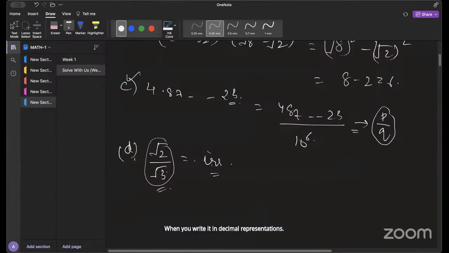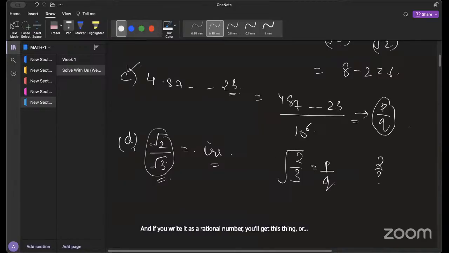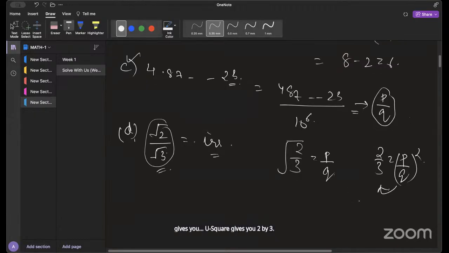Or in other words, you can try it this way. If you get into the proof of why this is not a rational number, and you write it as a rational number, you'll get a contradiction, because there isn't a rational number whose square gives you 2 by 3. So this is an irrational number.